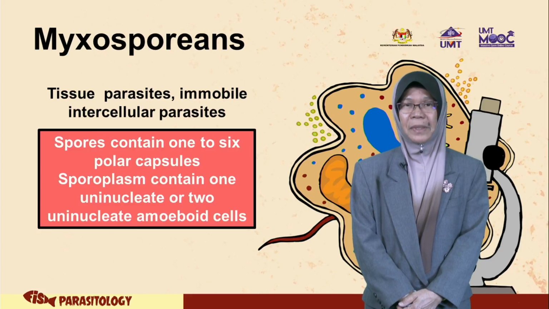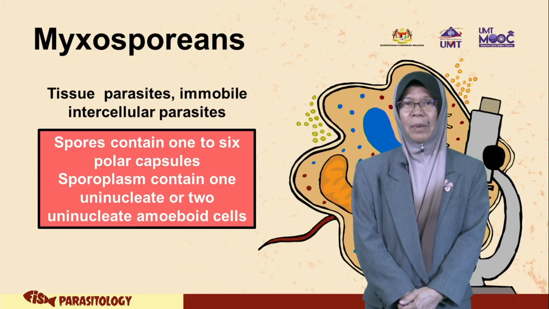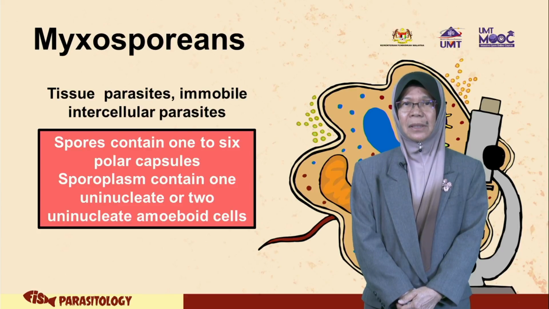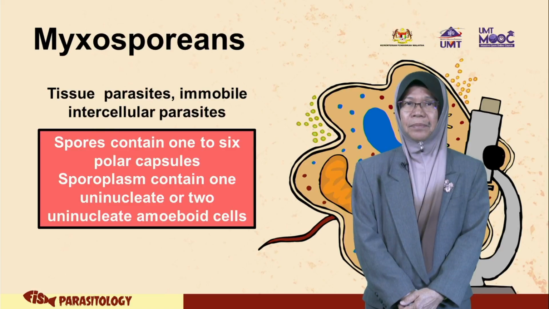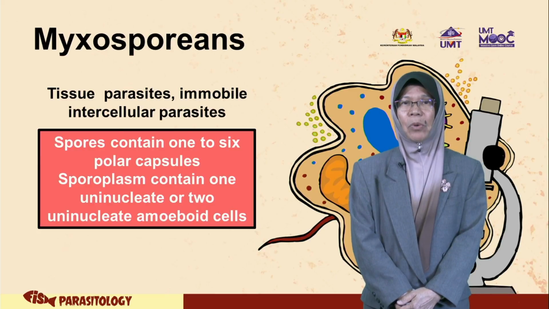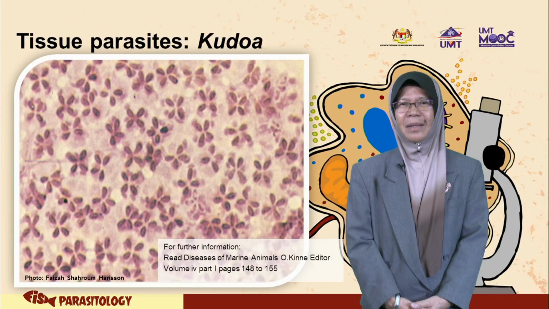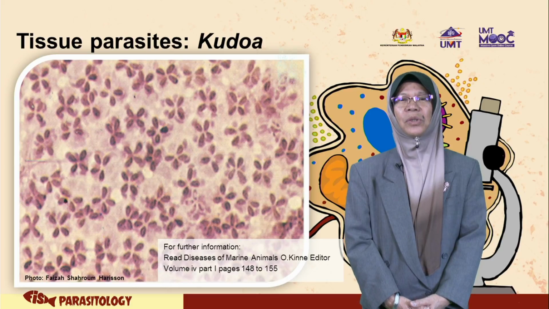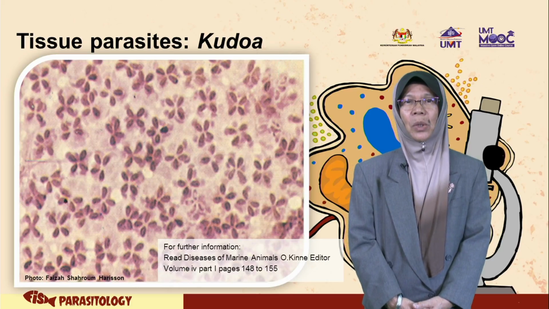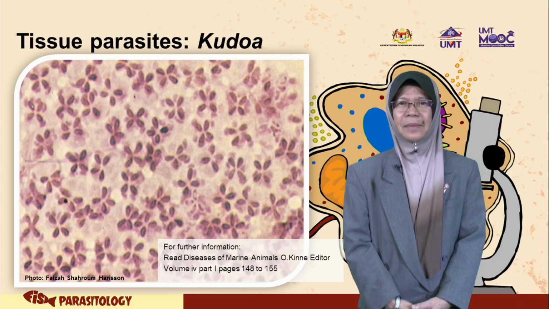Myxosporeans, or tissue parasites, are immobile, intercellular parasites. They have spores which contain 1 to 6 polar capsules. The sporoplasm contains one binucleate or two uninucleate amoeboid cells. One example of myxosporea is Kudoa liquefaciens.